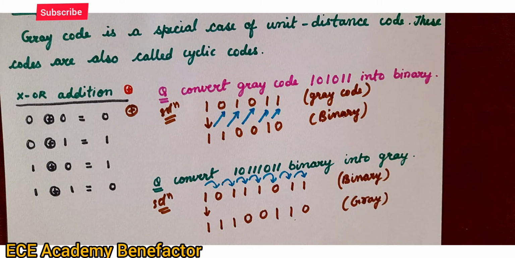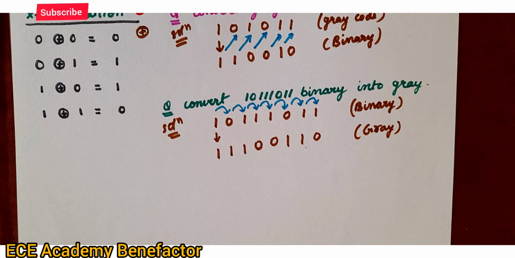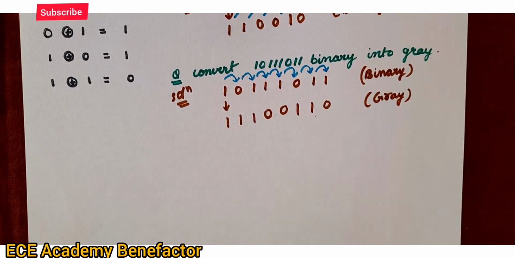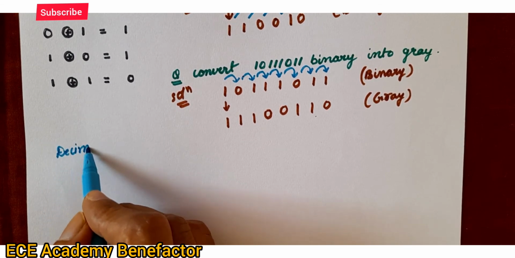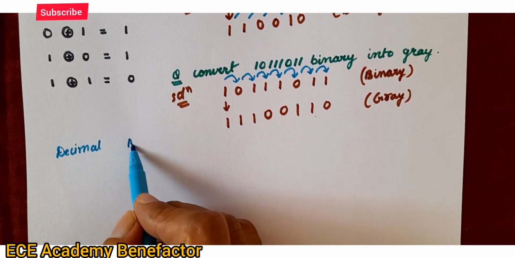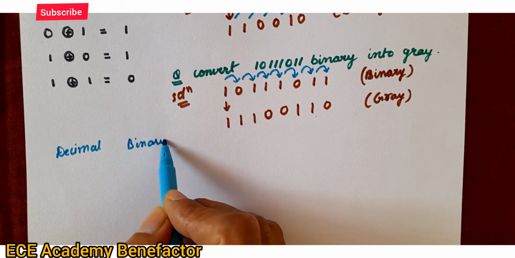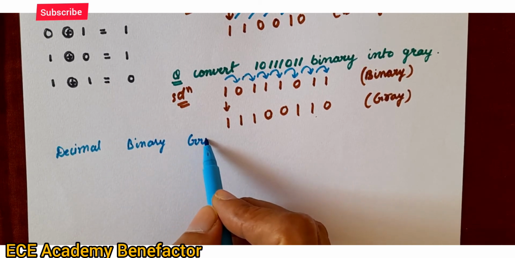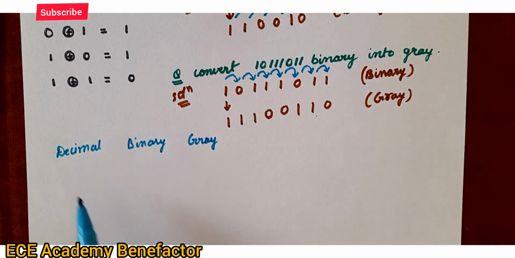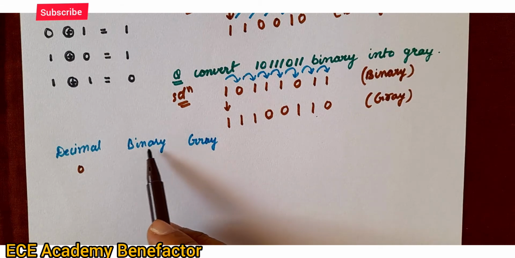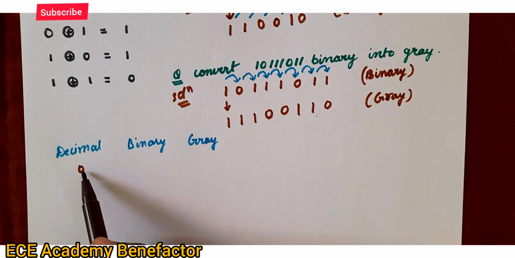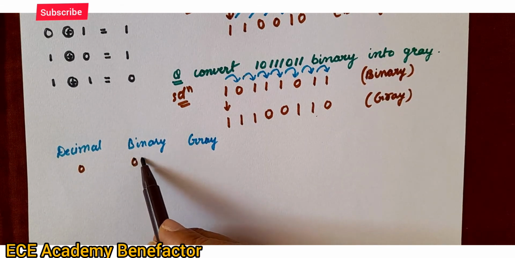Okay, now let us write decimal numbers and their binary and Gray codes. Decimal, binary and Gray. Okay. For 0, let us write the binary numbers in a group of 4 bits. So, 0 decimal is represented by 4 zeros.